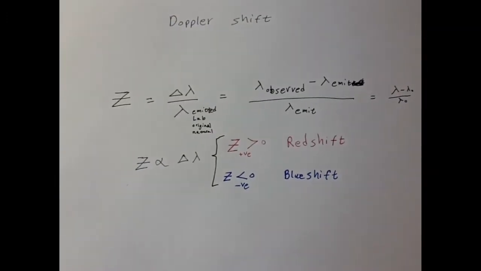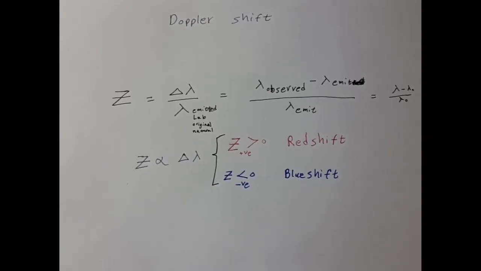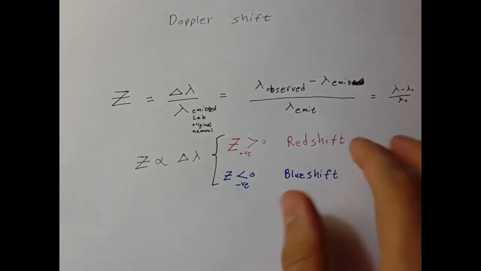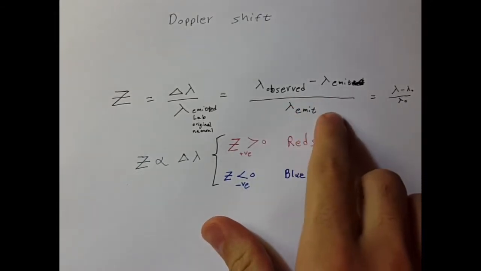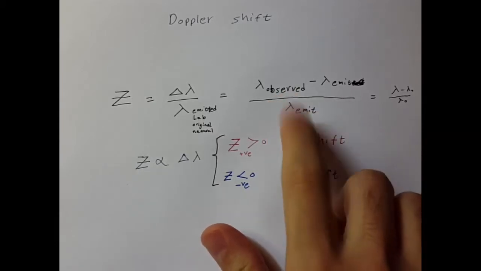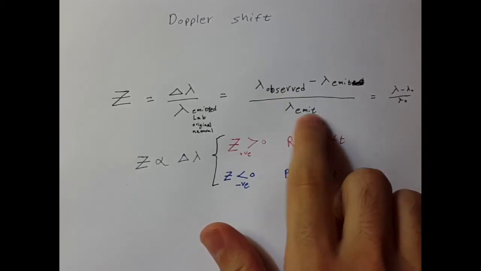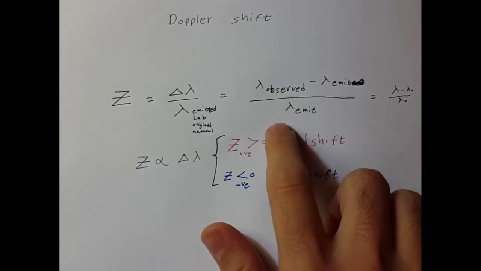So this relationship is one of those that, unfortunately, you have to memorize, I think. In my case, I had to. I'm completely against memorizing things, but there are things that I cannot really control. Anyway, I always forget which lambda I should divide by, the observed one or the emitted one.